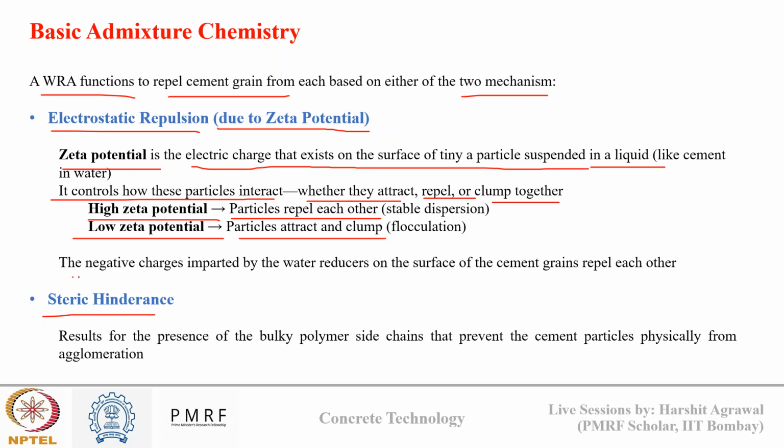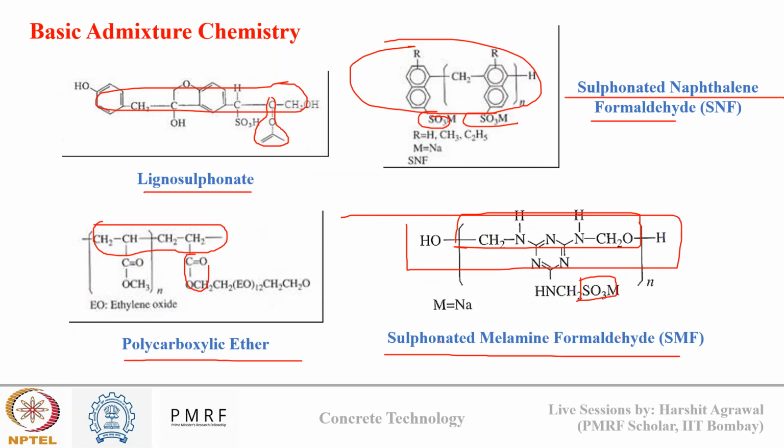So the negative charges that are imparted by a plasticizer give a high zeta potential, which makes cement grains repel each other. That is known as electrostatic repulsion. And steric hindrance is due to the bulky polymeric side chain. We saw a couple of slides ago that there can be a bulky side chain in my super plasticizer. The side chain is this hydrocarbon part.